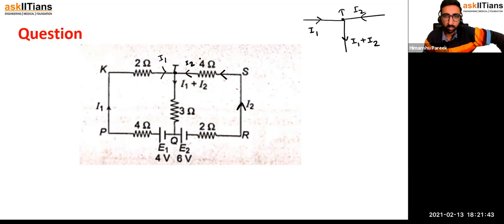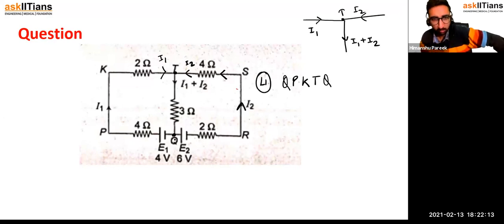Now let us do the KVL calculations. Let me start working across the loops. I have to take 2 loops because I have 2 unknowns here, I1 and I2. First of all, I can take one loop as Q. I start from Q, then P, K, T, Q. Loop number 1.